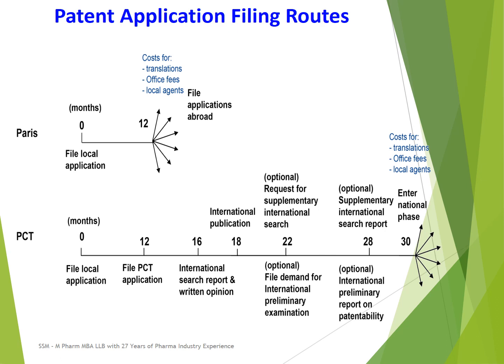At 22 months he has to file the request, and in the next 6 months he will get this international search report as well as the international preliminary examination report on patentability. Now at 28 months he has both the search report as well as the examination report.